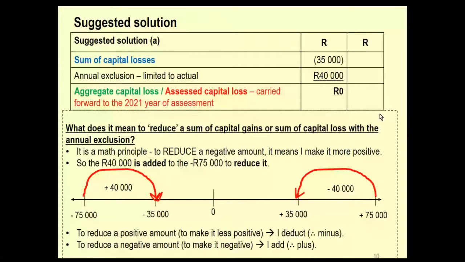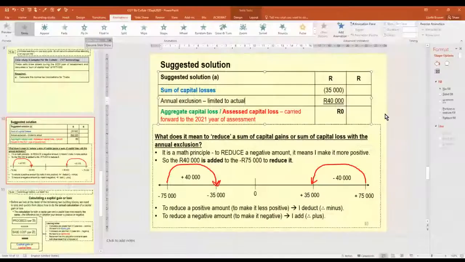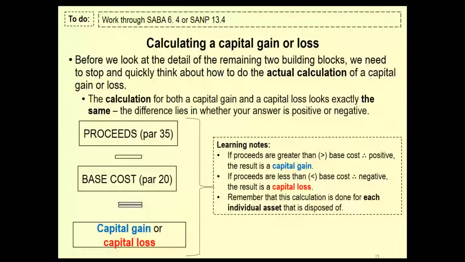Right. Okay. So going on, if we talk about calculating a capital gain or loss, and this is just a reminder, at this point in time, you should be relatively comfortable with this. It's basically proceeds less base cost.